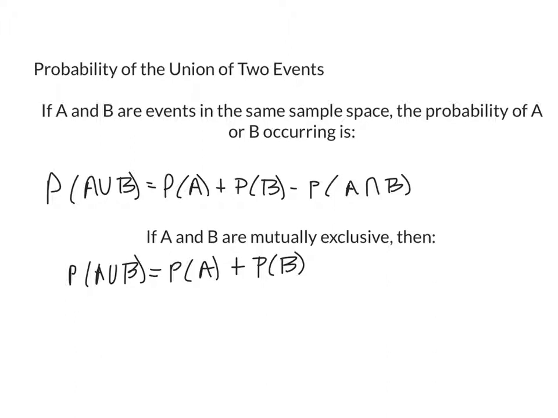All right, the probability of the union of two events. So if A and B are events in the same sample space, the probability of A or B occurring is the probability of A union B, which equals the probability of A plus the probability of B minus the probability of A intersect B. By the way, this notation here means intersect.